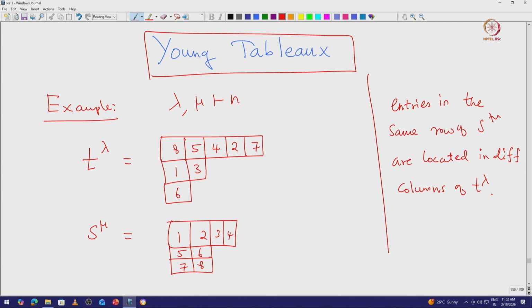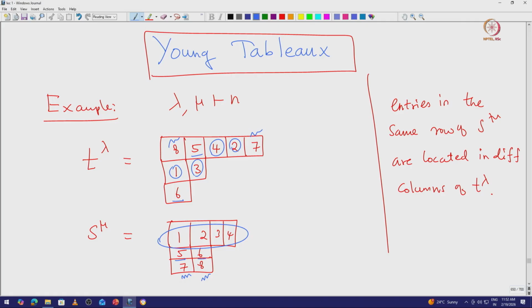Note that if we take entries in the same row of S mu, for example the row 1, 2, 3, 4, they are all located in different columns of T lambda. 1 is located here, 2 here, 3 here and 4 here, so they are in different columns. Similarly, 5, 6 and 7, 8 are also located in different columns.